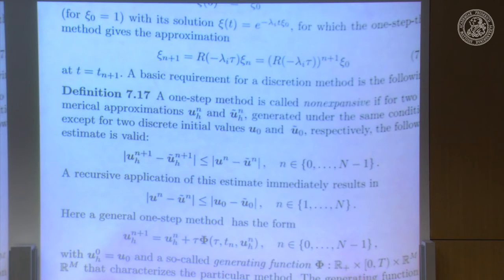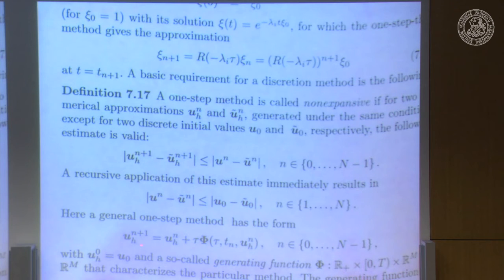So this is far away from having exponential damping. We have seen in our problems exponential damping is quite usual. This is much less required here. And if we have this in every step, then of course if we apply this relation recursively, that means in particular that at each time level the deviation is at most as big as the deviation at the initial time level.